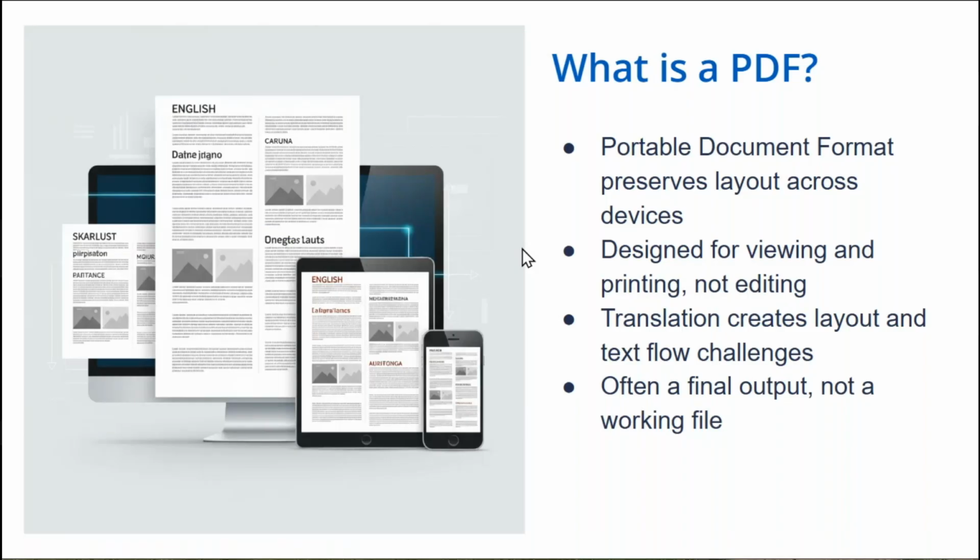Then when we want to use it as a starting point for translation, we are in a way working backwards. You know, we are trying to extract and reconstruct content that wasn't designed to move. That's why we have some issues or difficulties or challenges that we will learn how to deal with.